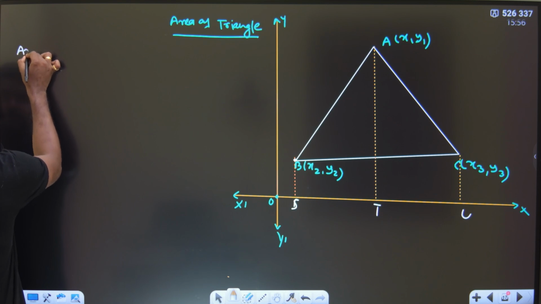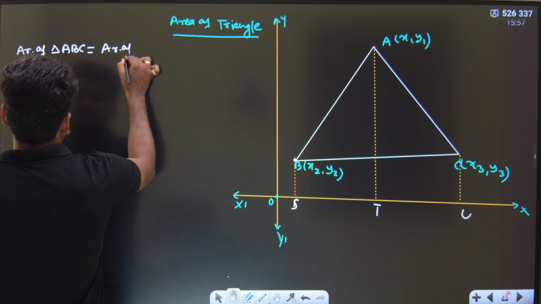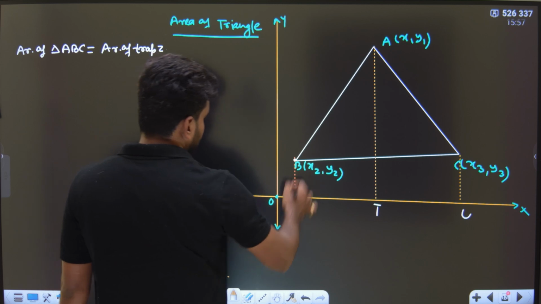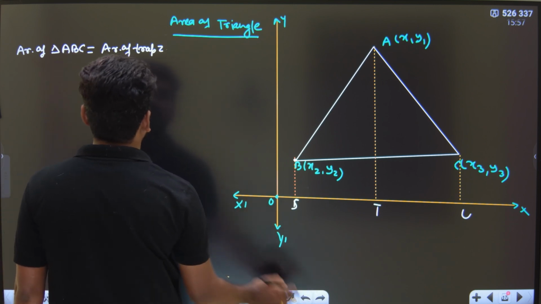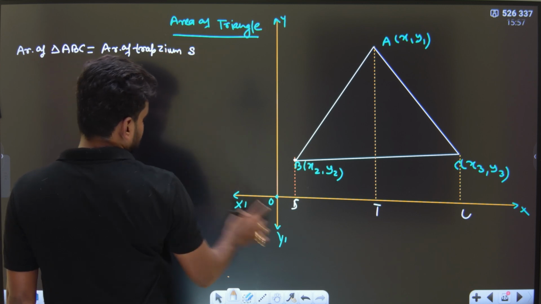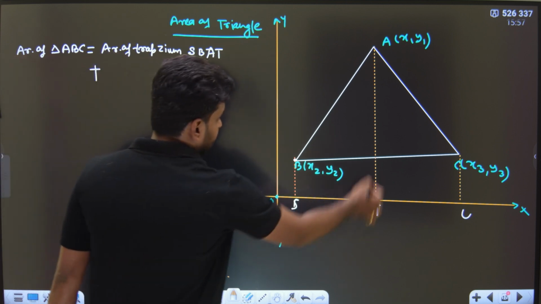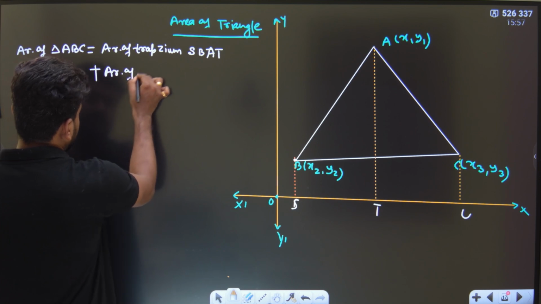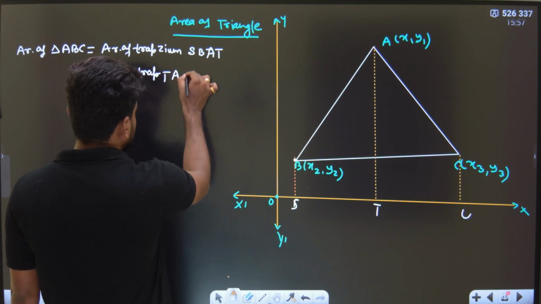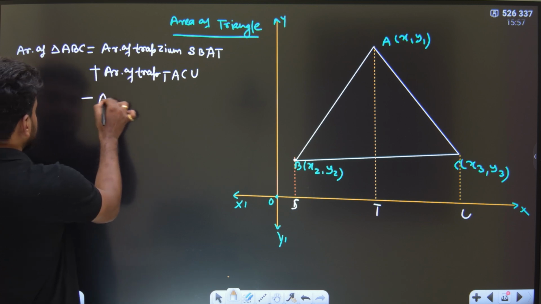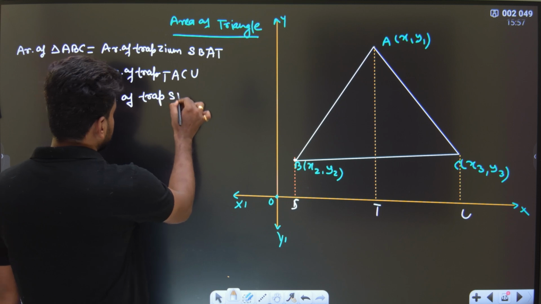For the area of triangle ABC, we should find the area of trapezium SBAT, plus the area of trapezium TACU, and then I will subtract the area of trapezium SBCU.